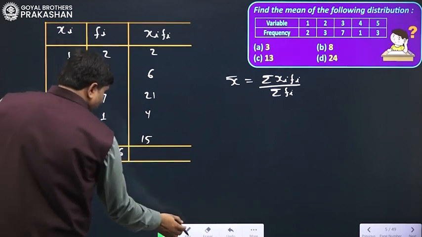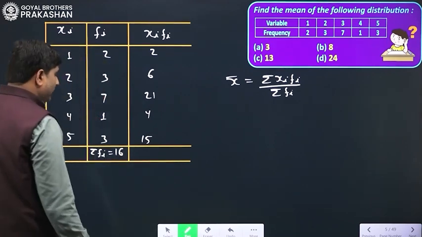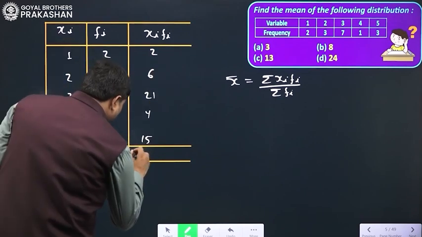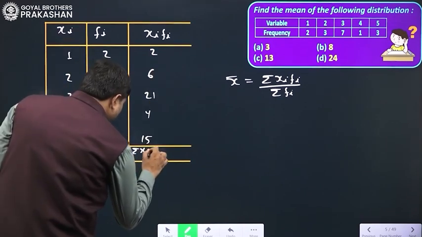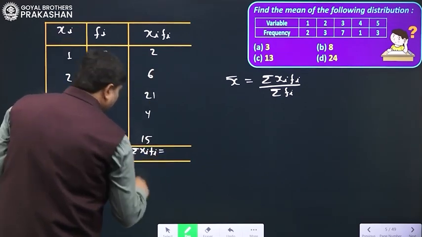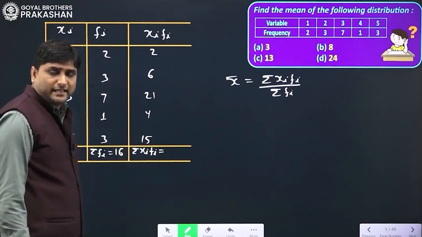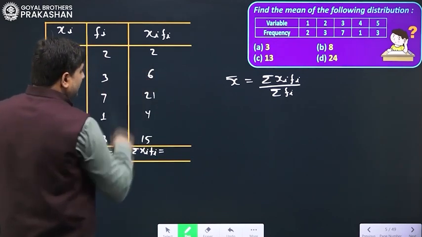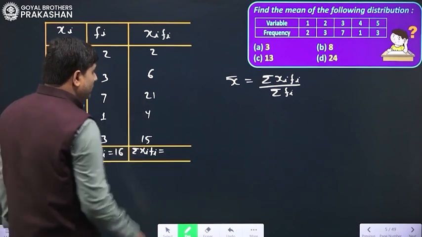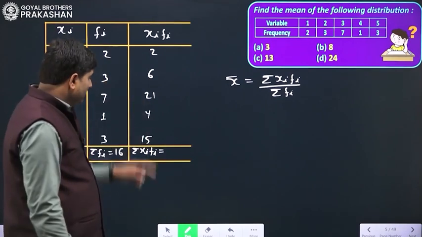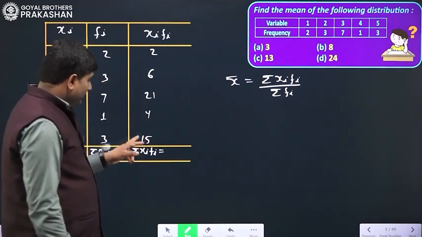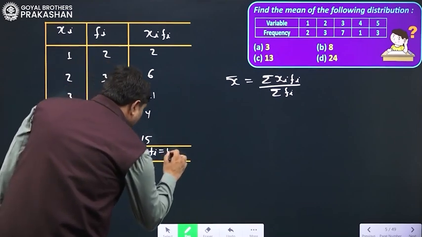Similarly, we can find the value of summation of xi fi also. If we add all the values of the xi fi column, it will be summation xi fi. So 2 plus 6, 8, 8 plus 21, 29, plus 4, 33, plus 15, 48.